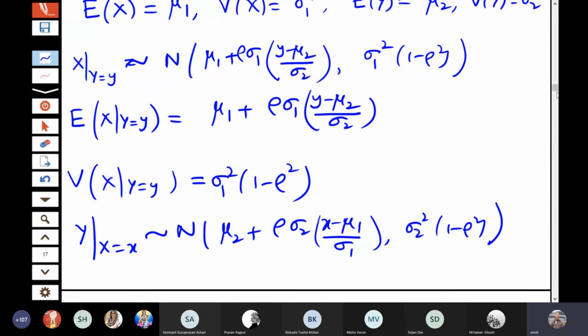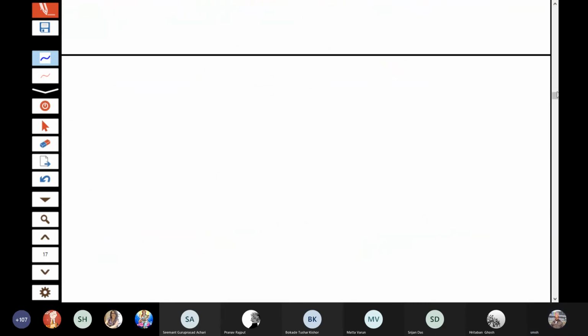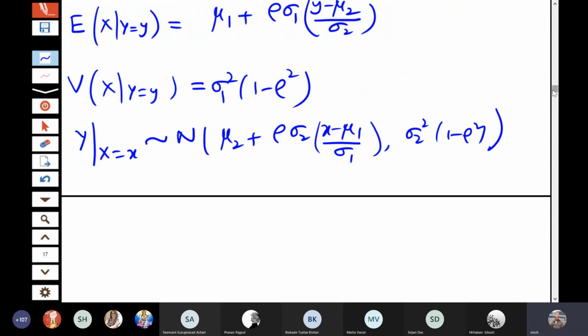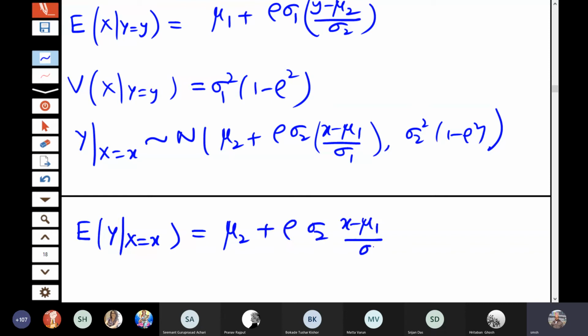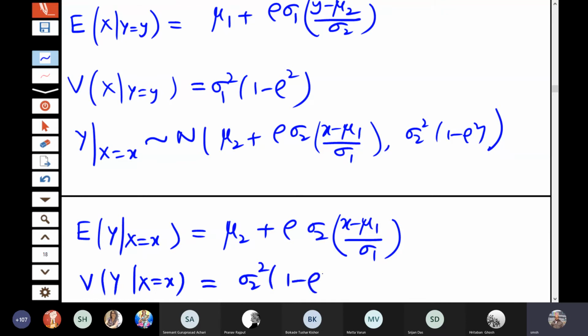So expectation of Y given X is equal to mu2 plus rho sigma 2 (x minus mu1) by sigma 1 and variance of Y given X is equal to sigma 2 square into (1 minus rho square). So these statements are clear to you?